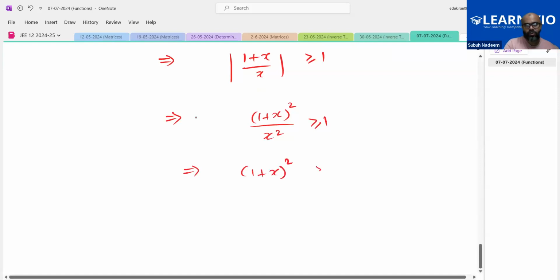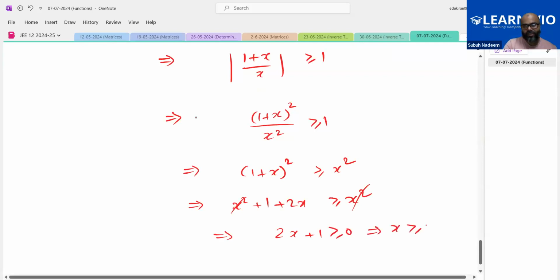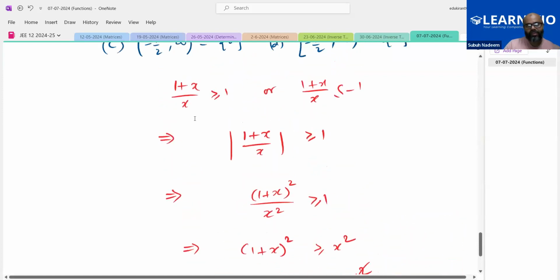So (1 plus x) whole square is greater than or equal to x square. So x square plus 1 plus 2x is greater than or equal to x square. X square gets cancelled. 2x plus 1 is greater than or equal to 0. So x is greater than or equal to minus 1 by 2.